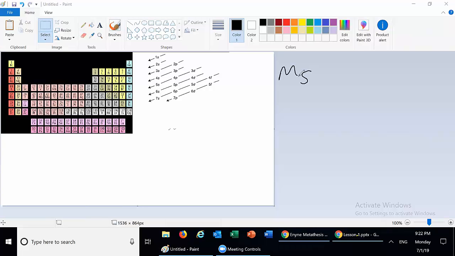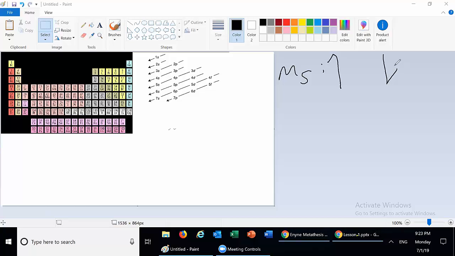An electron with a plus 1/2 spin is usually represented as an upwards facing fishhook arrow, and for a negative 1/2, it's downwards facing. Okay, let's do an example.